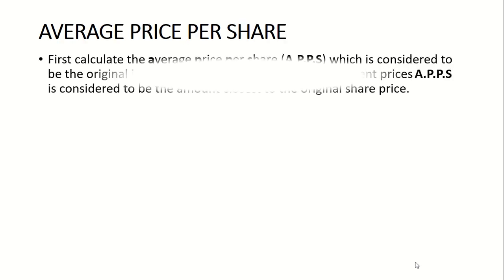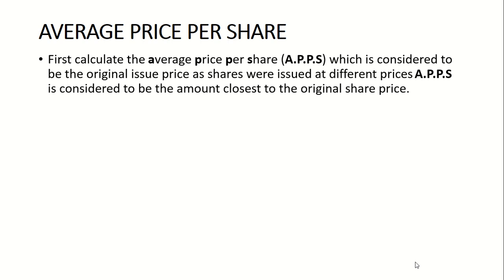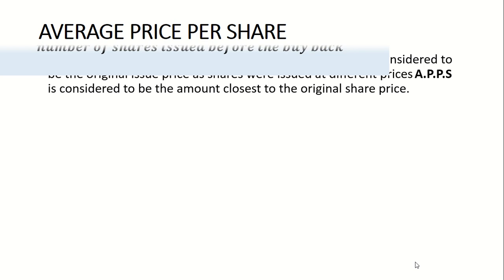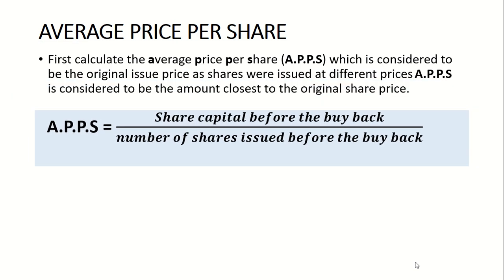Okay, now what is the average price per share? Because we have issued shares at different prices, we have lost the original share price. For us to get the original share price of shares that we issued, we're going to estimate it by using the share capital before the buyback.